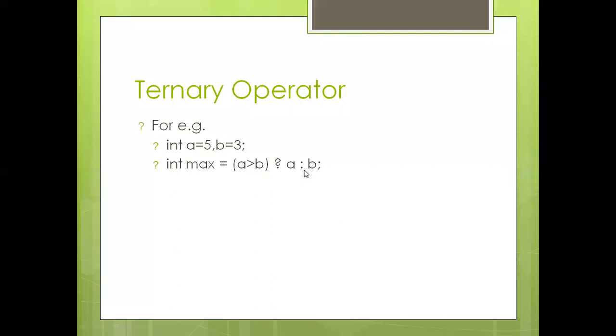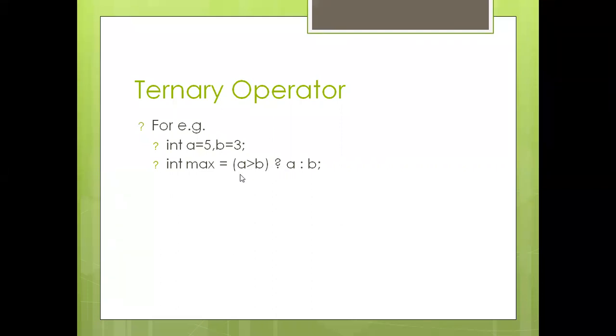Like addition is plus, subtraction is minus, greater than is the greater than sign, same here the symbol of the ternary operator is the question mark and this colon sign. This is the semicolon, the statement terminator, but this is your colon.